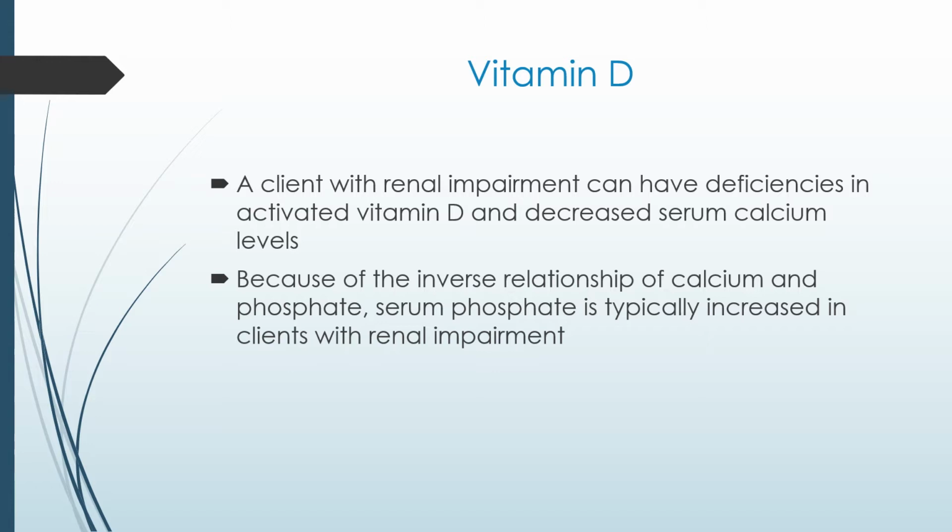So in this sense, if we were talking nursing diagnoses, this would be a primary nursing diagnosis where you have a client that has chronic kidney disease or some kind of kidney issue going on, and they have a deficient calcium level and a deficient vitamin D level, then they are going to be at a greater risk for injury should they fall or should they somehow harm themselves because their bones are going to be very dry, very brittle.